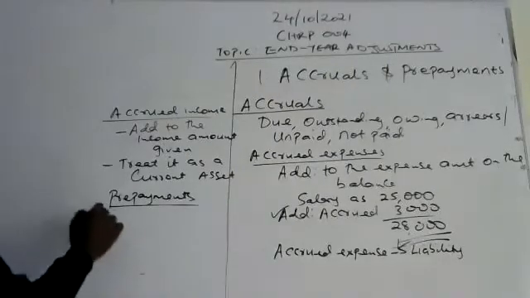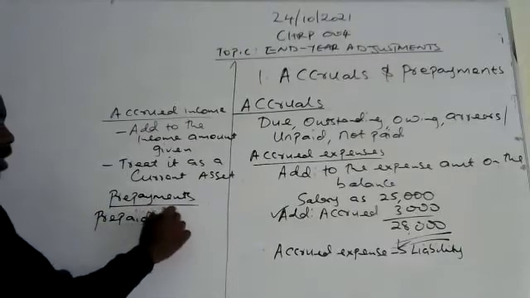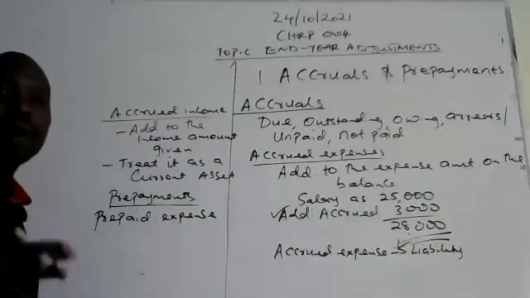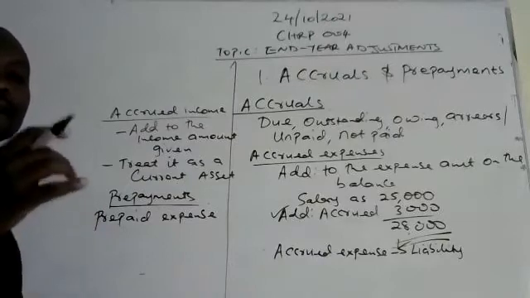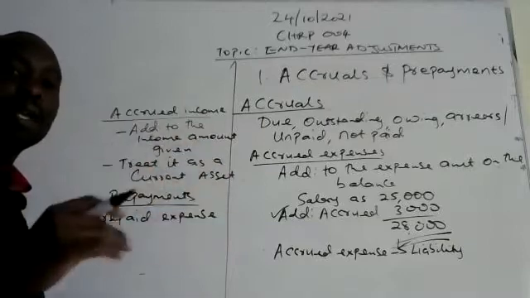So this is what is going to happen when it comes to prepayment. One, if it is a prepaid expense, remember, we are the ones who are paying. It is an expense that has been paid in excess. It has been paid before the date for payment has come.